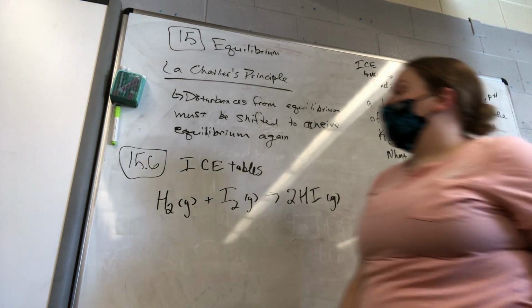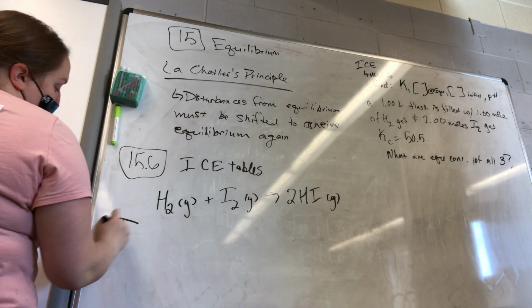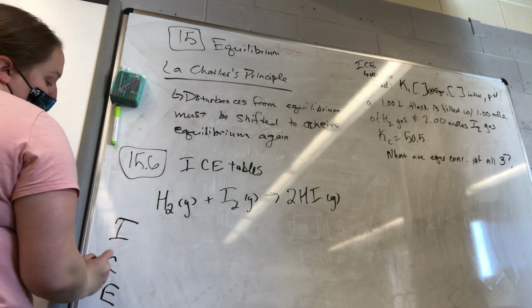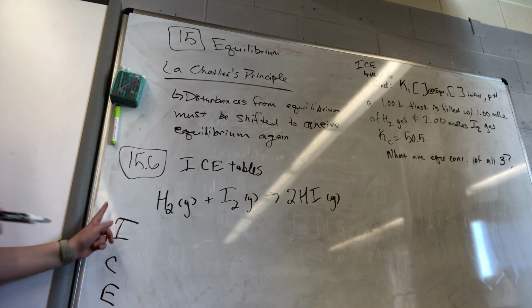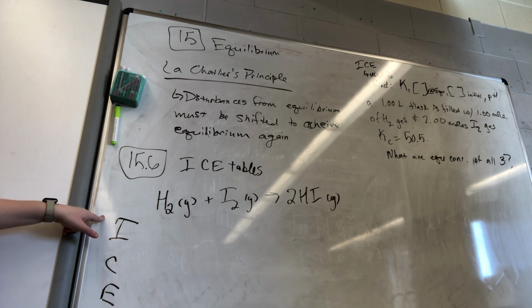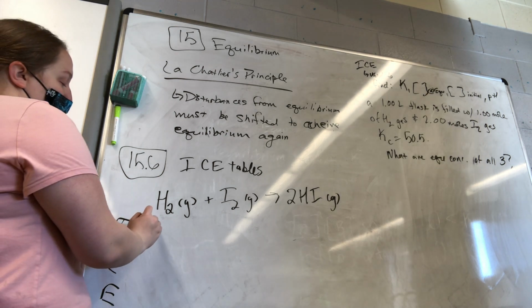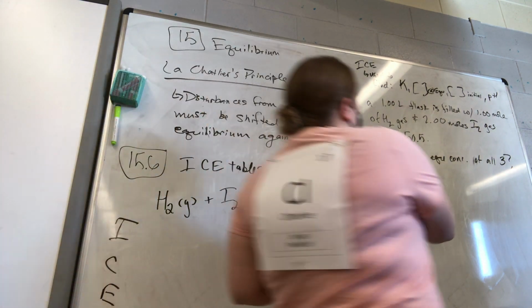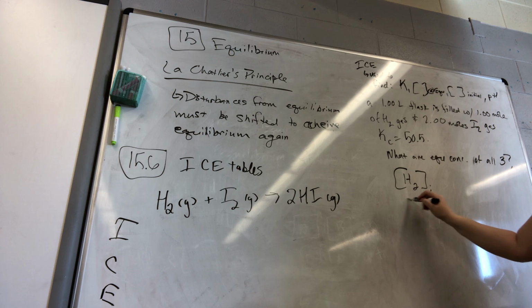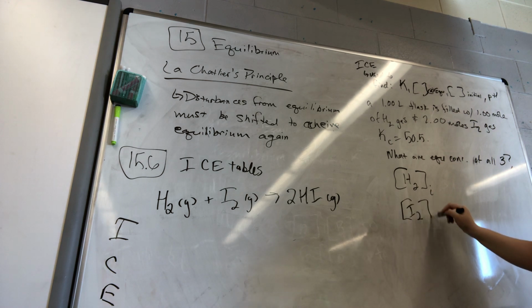Okay. What does I stand for? What does C stand for? Initial. Change. Equilibrium. Okay, so we're given initial information, right? What were we told? 1 mole H2, 2 moles I2. So we know the concentration of H2 initial, and we know the concentration of I2 initial.